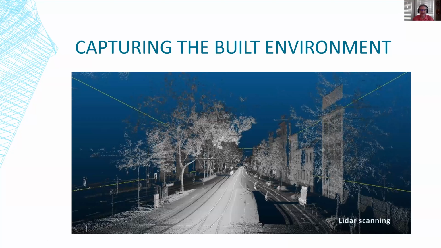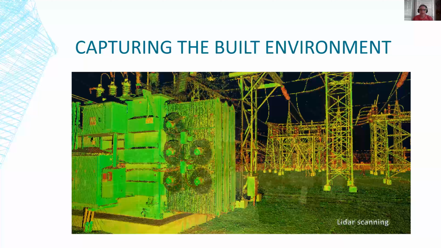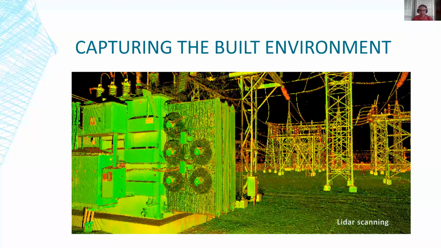Here's a little street scene that you can see. And here's an industrial environment. Now we can see much more detail, right? We see these little pebbles on the ground. We can make out switches on the machinery, and so on. So now we're getting to that detail.